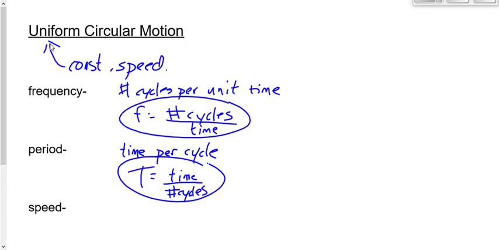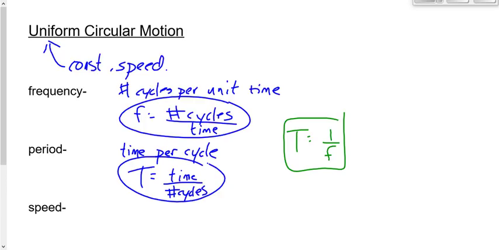What is it for period? Seconds, good. Now, how does frequency and period relate to each other? We're going to put this one in green, because this one is on your data sheet. If frequency is cycles per time, period is time per cycle, then the period is equal to 1 over the frequency. Seconds is equal to 1 over seconds.